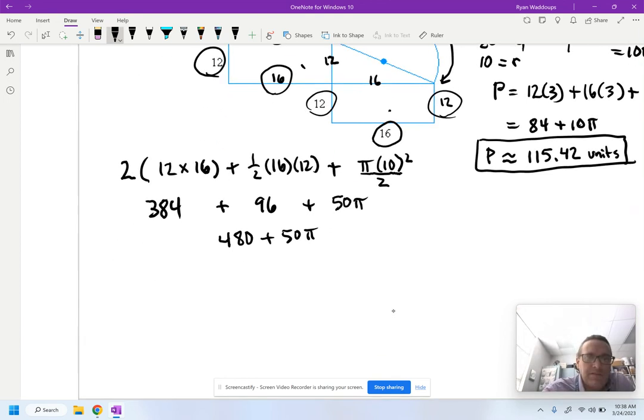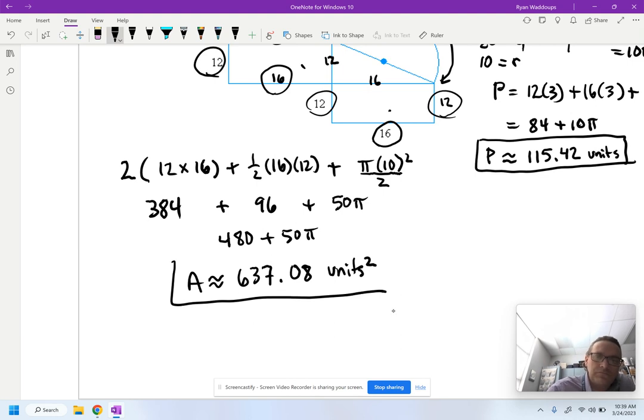And altogether that comes to a total area of approximately 637.08 units squared. Once again, this right here is the exact answer, and this right here is the approximate answer.